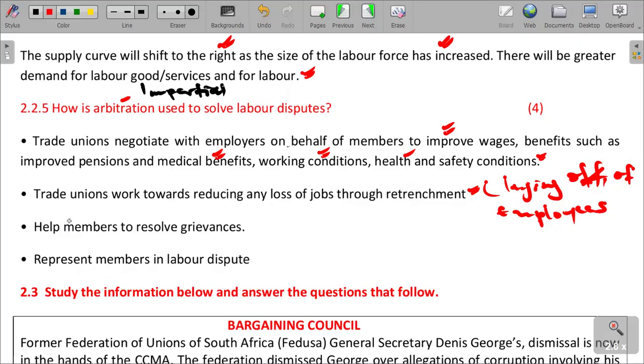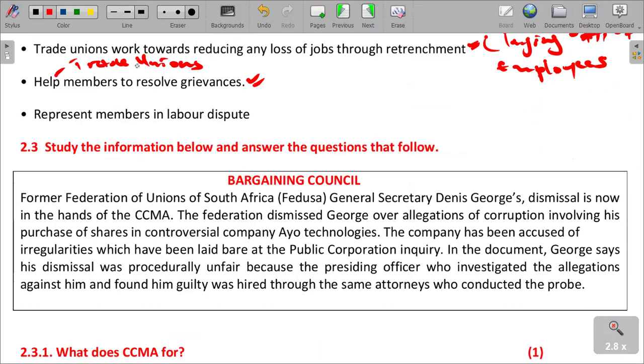We are saying trade unions help members to resolve grievances, problems that arise at the workplace. They are discussed and solved because of the intervention that is taken by what? By the trade unions, and then they represent members in labor disputes.